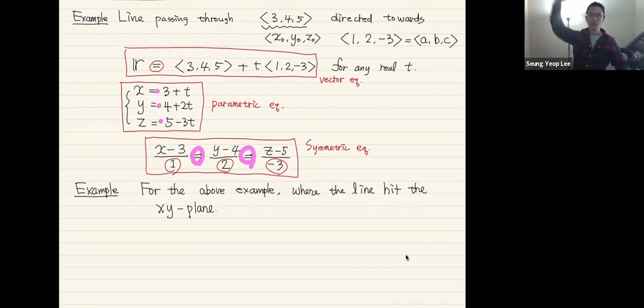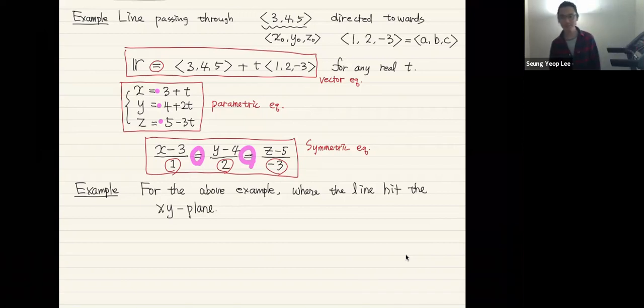So if the line is drawn, it's very likely that it will hit the xy plane. You can draw the line horizontal, then it can be parallel to the xy plane, so it goes forever without hitting it. But if you draw a random line, then it will probably hit the xy plane at a single point. So for the above line, where is the point that hits the xy plane?